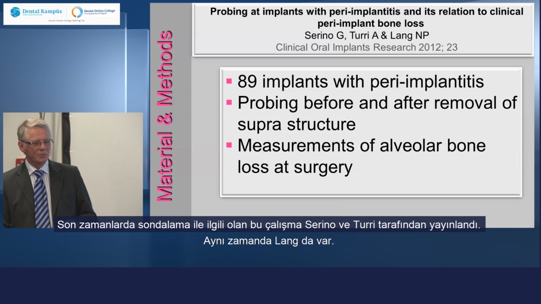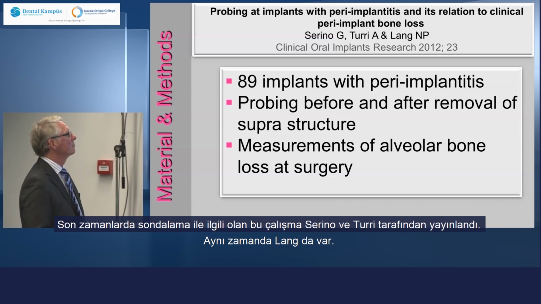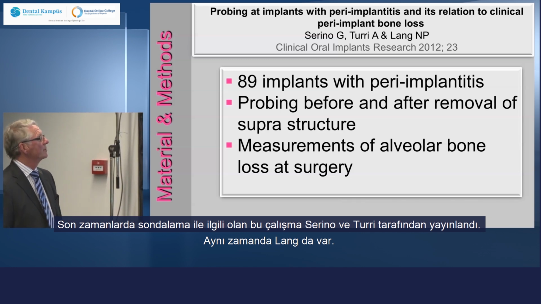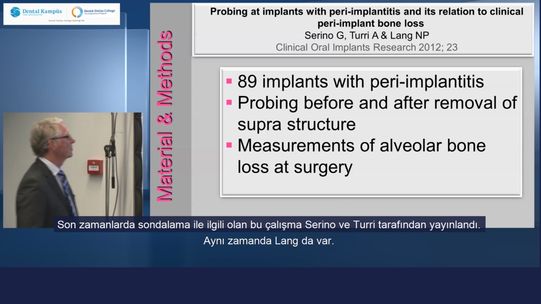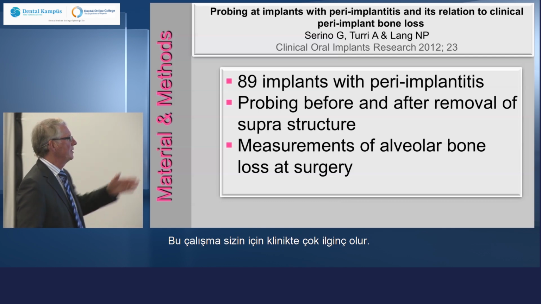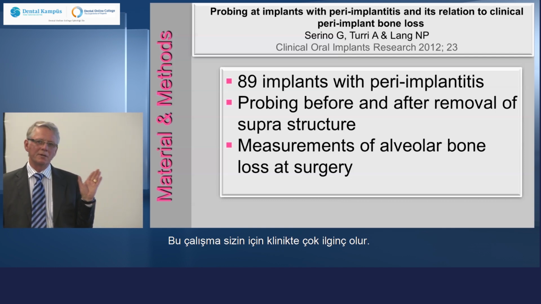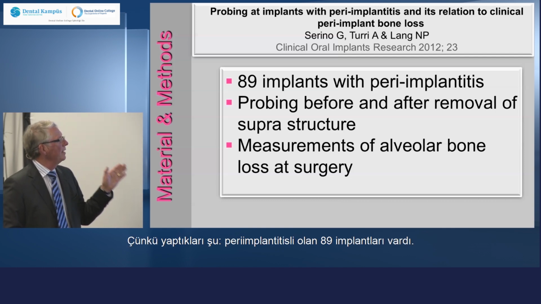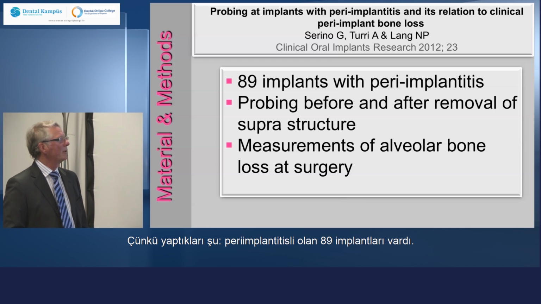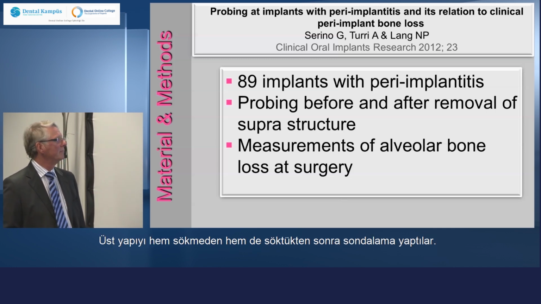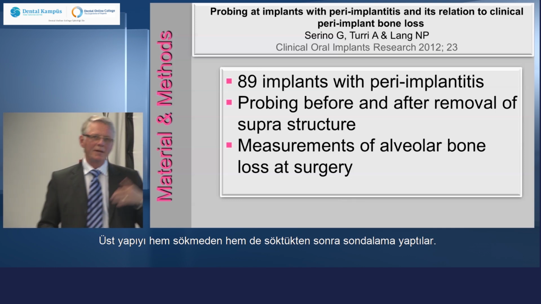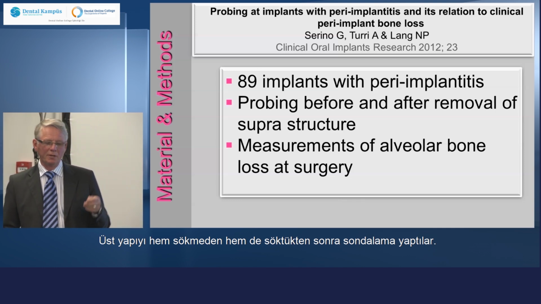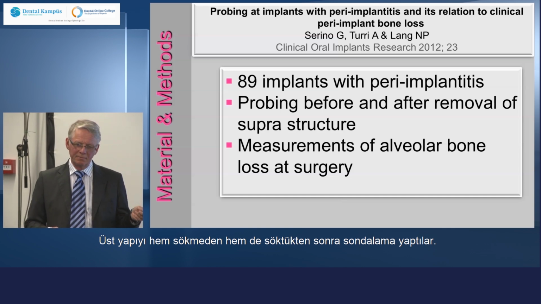Recently, this study on probing was published by the group of Serino and Turi. This is together with Klaus Lang as well. And this is very interesting for you in the clinic. Because what they did, they had 89 implants with periimplantitis. They probed before and after they removed the superstructure.